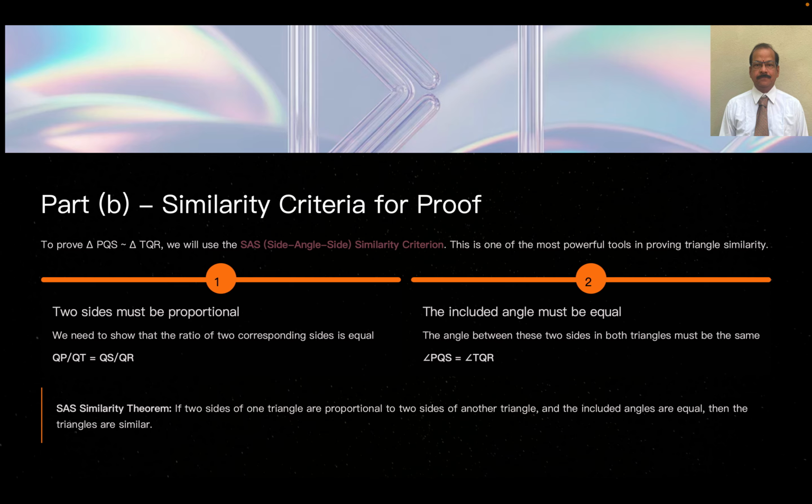This is one of the most powerful tools in proving triangle similarity. Two sides must be proportional and the included angle must be equal.